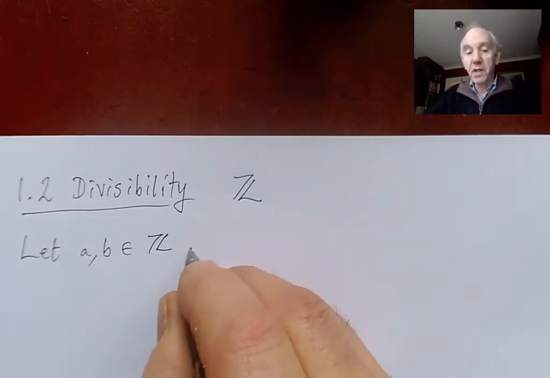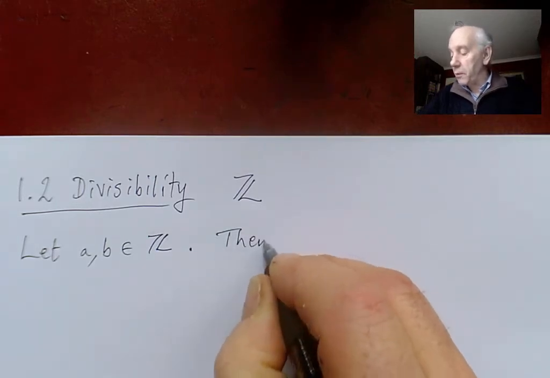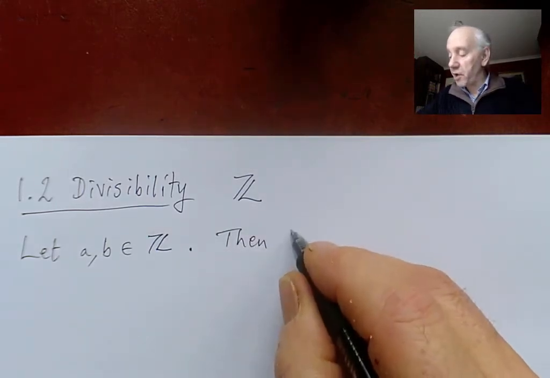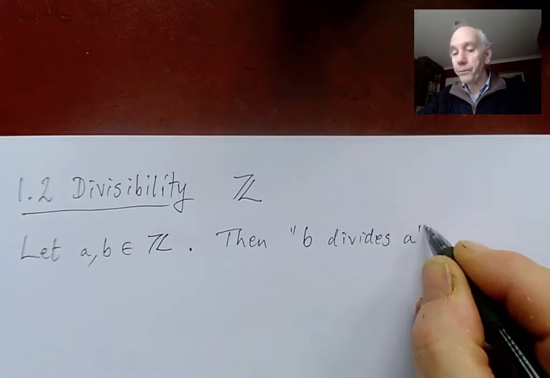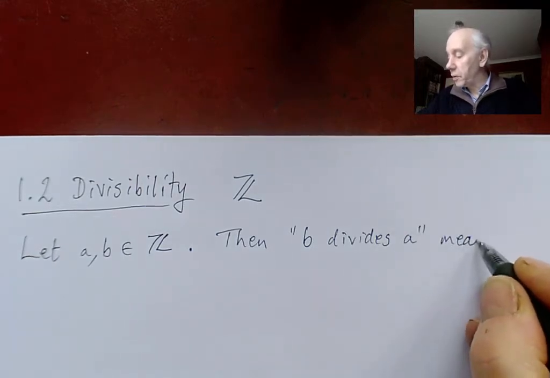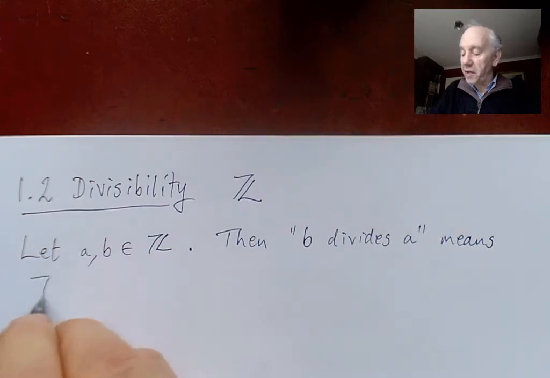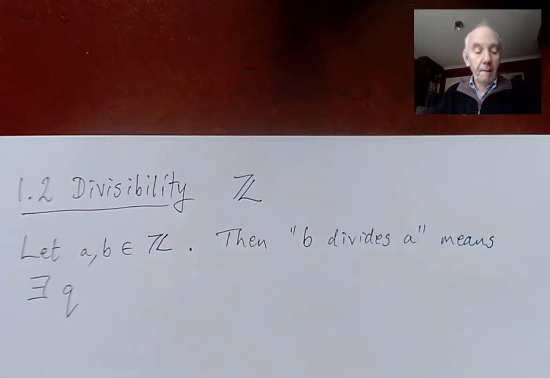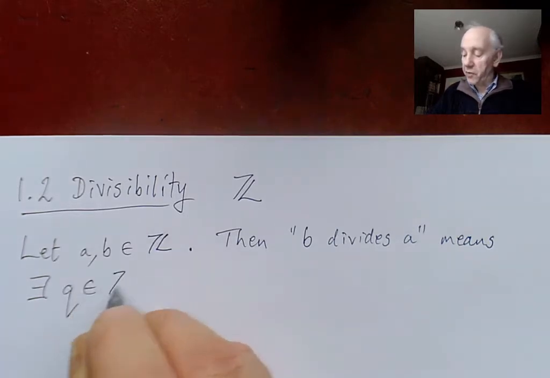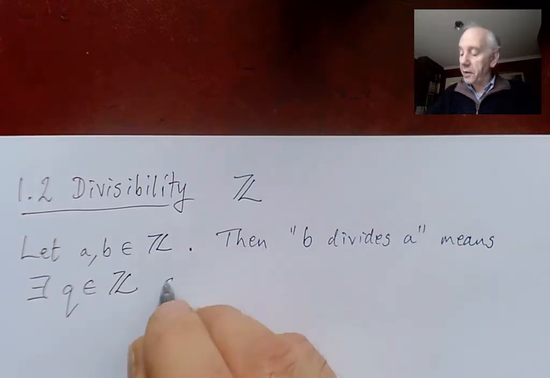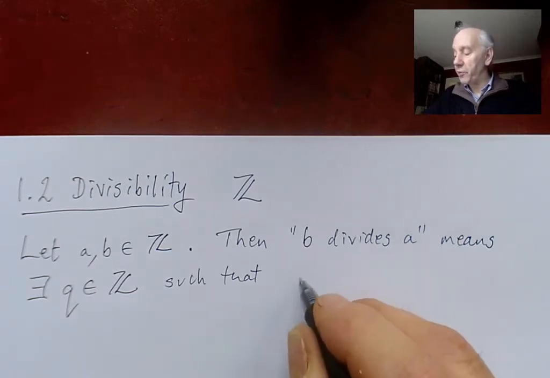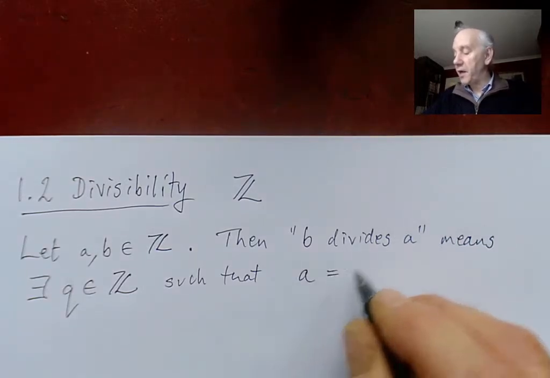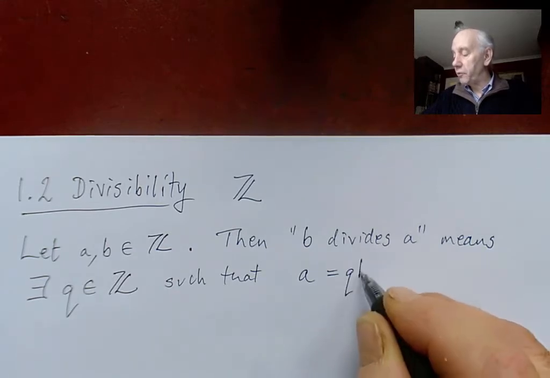So what does this actually mean? I won't make this a formal definition, but the phrase "b divides a" simply means that there exists another integer, say q, which is an integer, as I said, and q is the quotient, so that a is equal to q times b.